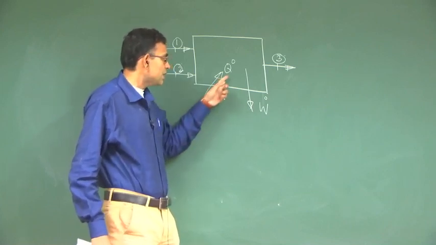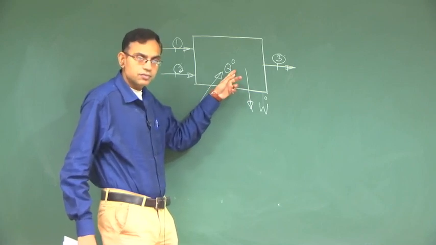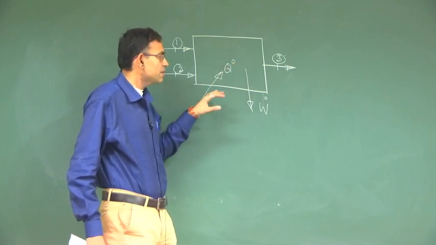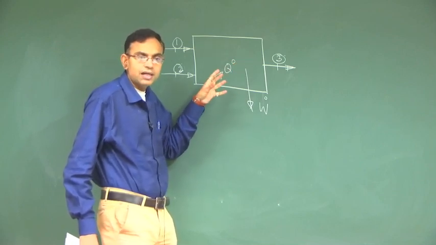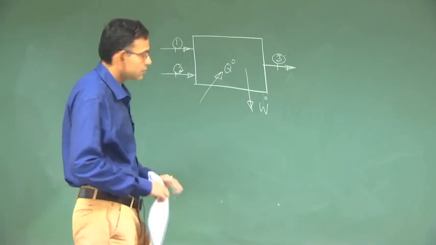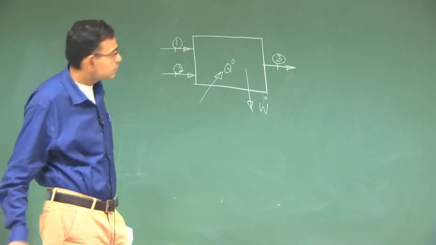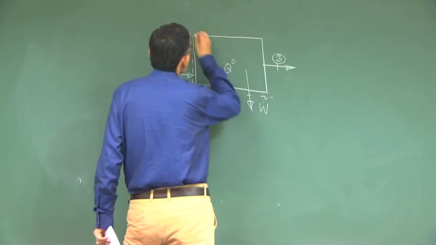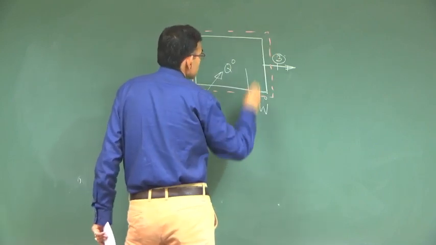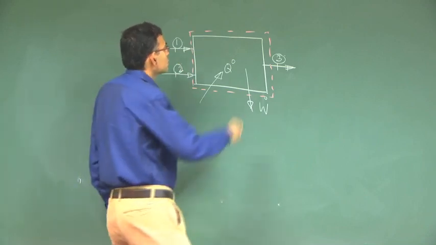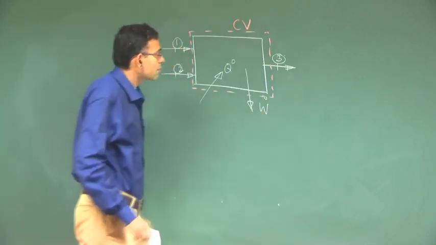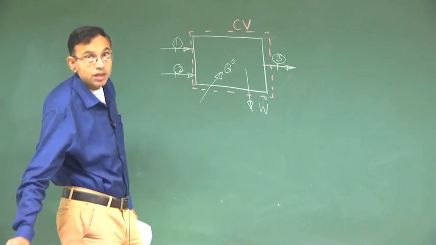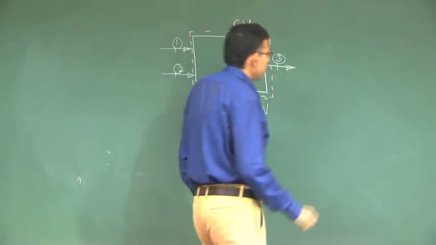If instead of heat addition it is rejection, it will be negative. Because if we show the direction itself as opposite, then sometimes there can be an algebraic confusion in writing the energy equation. So, for this control volume let us write mass balance and energy balance.